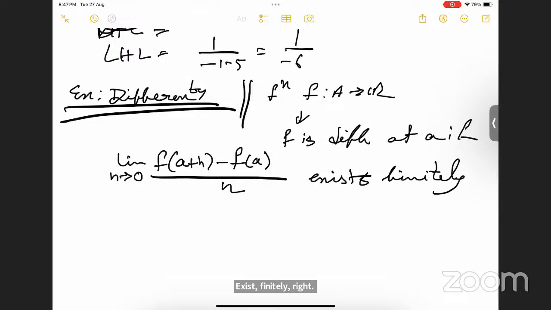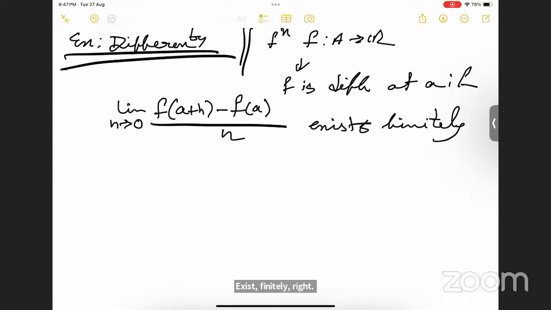It was the condition for differentiability. All of you know that.